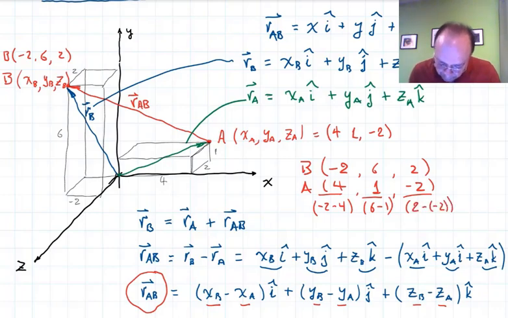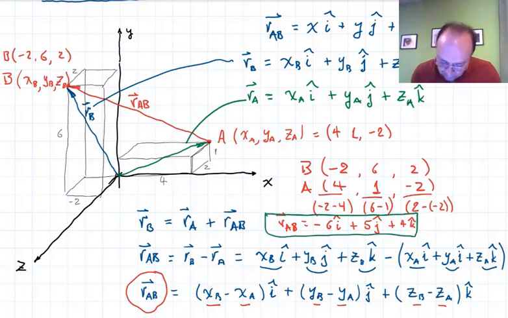So the vector from A to B will be minus 6i plus 5j plus 4k. Let's put it here, like this. So that will be the red vector from A to B, and that's how you obtain it.